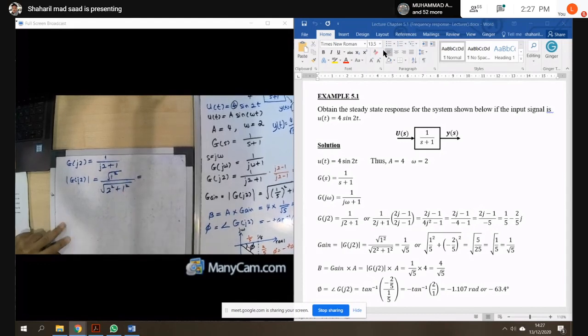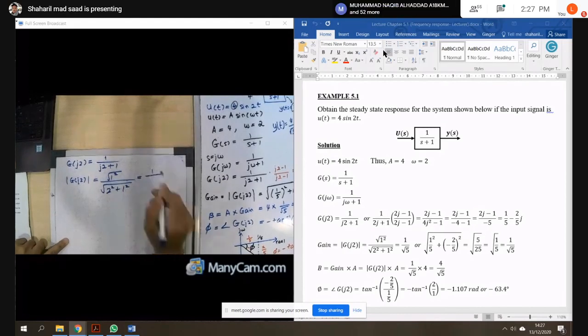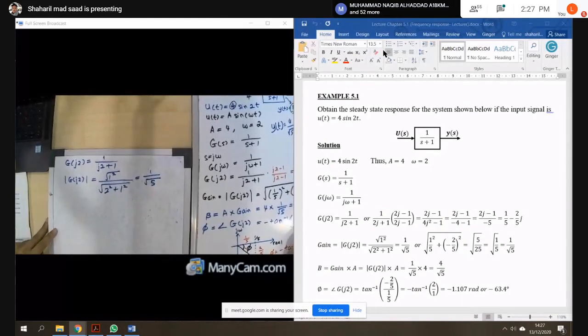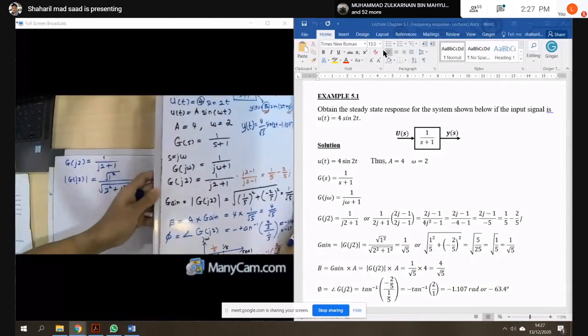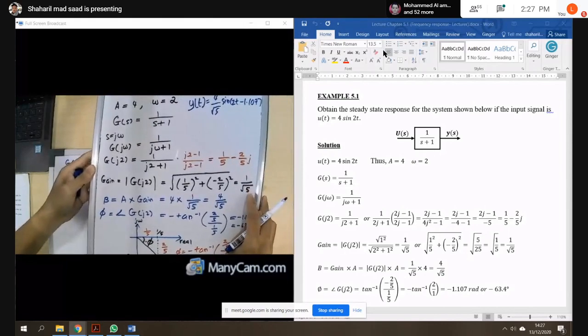Then you will get 1 over square root 5. It's the same thing with this one.